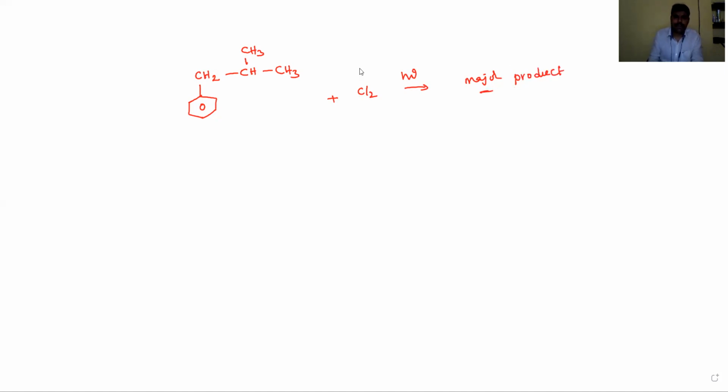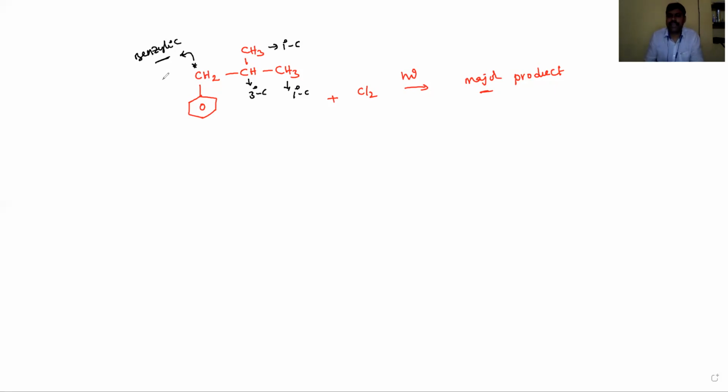To identify the major product, let's see that it is a free radical substitution reaction, and this is a primary carbon. Okay, and this is also a primary carbon, and this is a tertiary carbon, and this is a benzylic carbon. Free radicals are formed as intermediates.